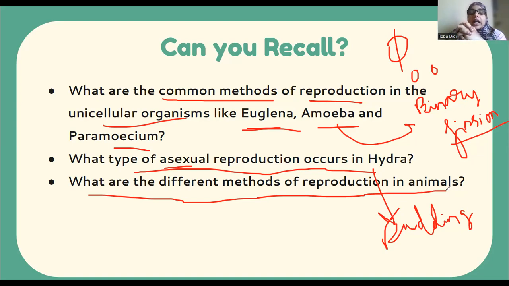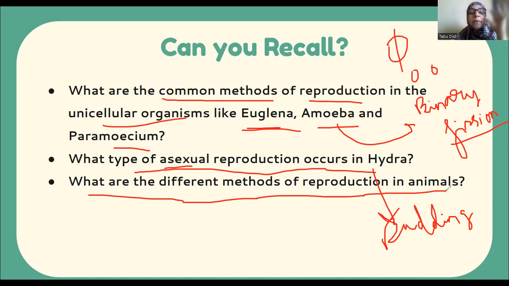Then another different method is sexual reproduction. Yes, major categories are asexual and sexual. In asexual, you have many types like binary fission, budding, regeneration or fragmentation. Then gemmule formation, that is what we are going to see in the next slide.